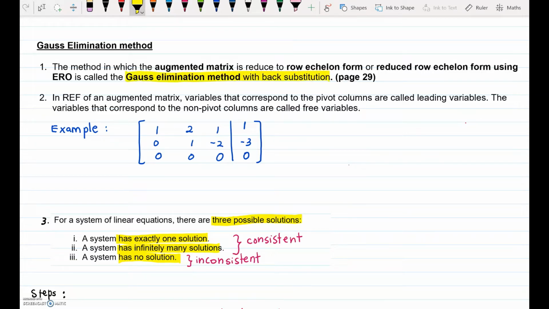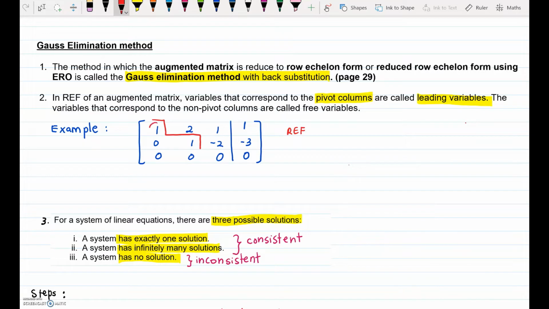In the REF of an augmented matrix, the variables that correspond to the pivot columns are called the leading variables, and the variables that correspond to the non-pivot columns are called free variables. Let's look at an example. We have a REF where you have two leading ones, and the staircase goes until the second row.